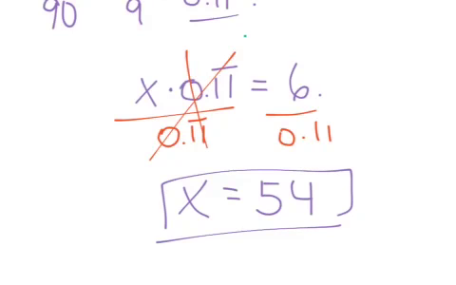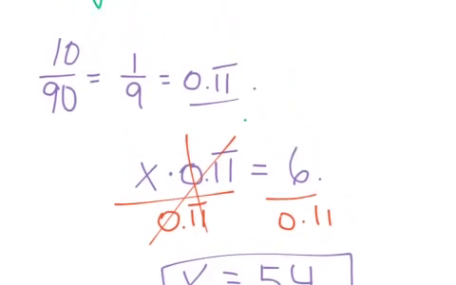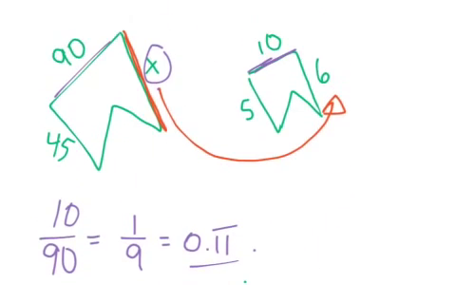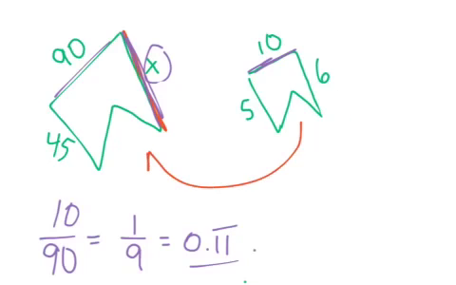Now let me quickly show you another method of solving this that might be a little bit easier. Since our unknown value is on this side, you could also just reverse the direction and pretend that we're actually doing an enlargement. We're going from this side to this side.